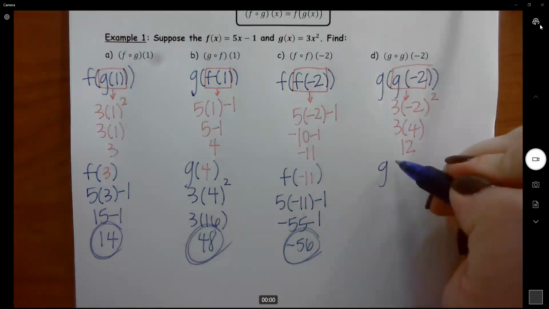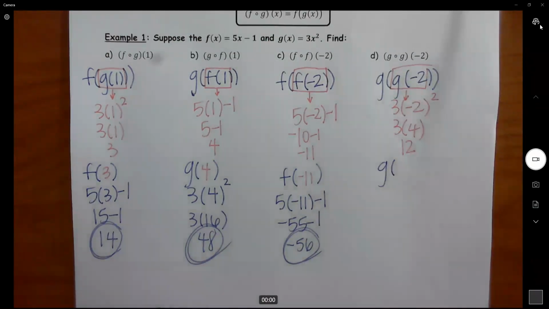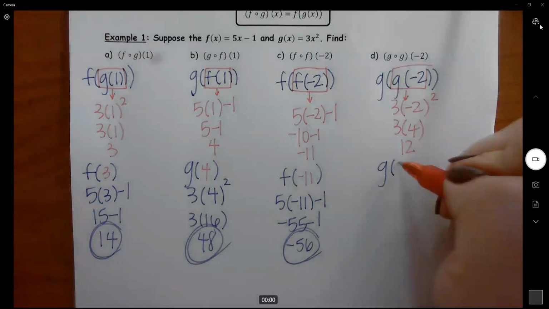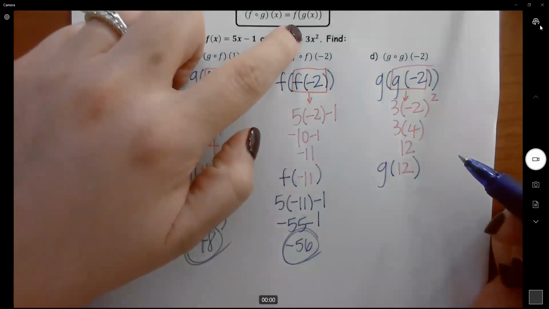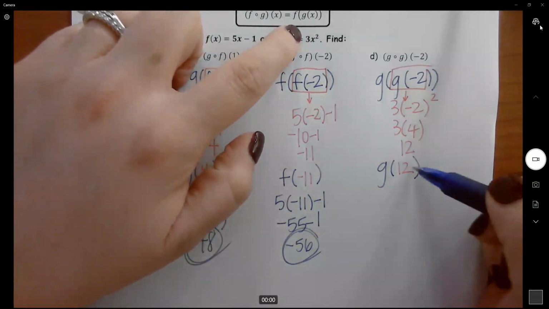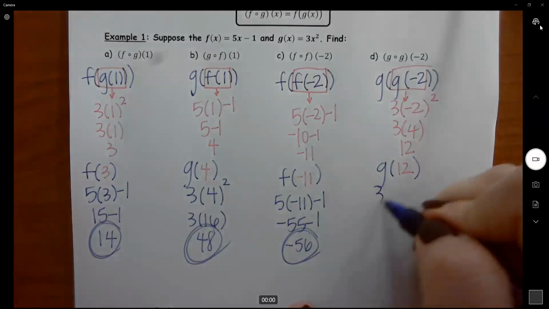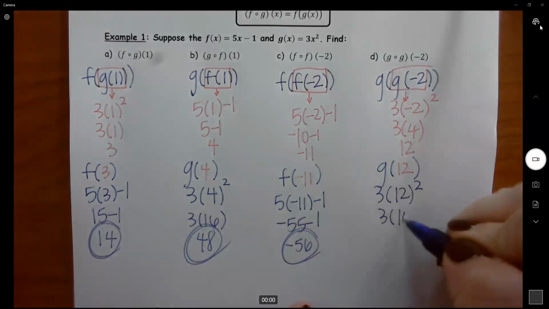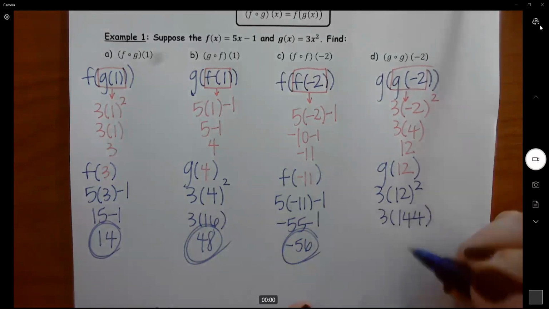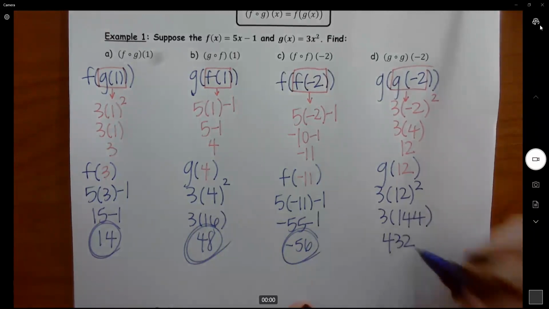So now g of -2 was 12. Take the same function, and now instead of replacing x with -2, now we're doing 12. So this is 3 times 12 squared, which is 3 times 144, which is going to be 432.